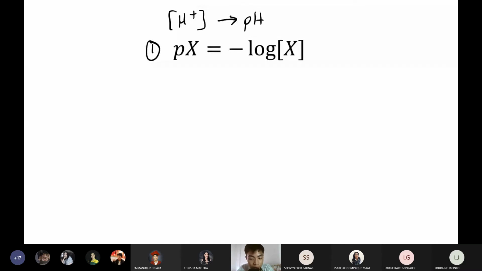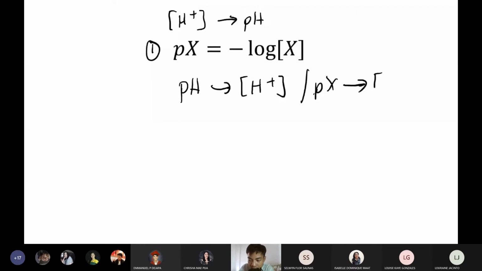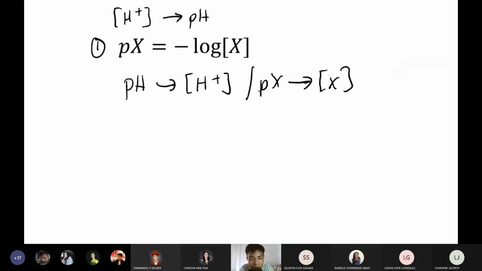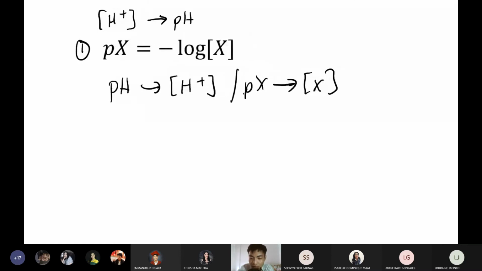So, negative log of concentration nito, pH yun or px. What if gusto natin baliktad? O kunwari from pH, gagawin mo siyang concentration ng H plus. Or let's say px to concentration of x. Pwede yan? Pwede. Ang gagawin, properties of logarithm.